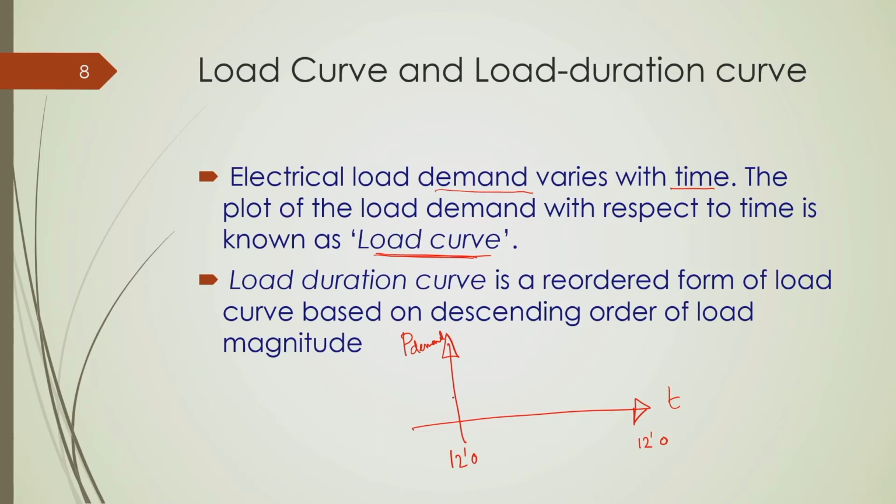During midnight the power demand is less, then slowly it increases, then during daytime it reaches a particular peak, then it may go a little lower, then finally during evening it becomes higher, and then again at midnight it becomes low. Suppose this is the instantaneous load demand characteristic under a particular distribution substation or distribution feeder. Then this curve, if you plot it, is called the load curve.